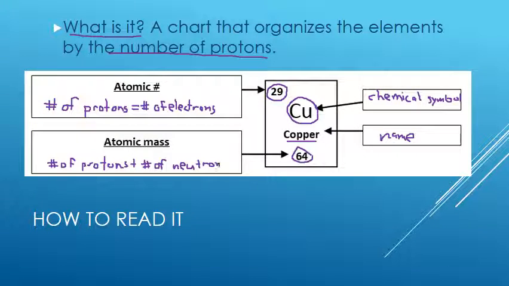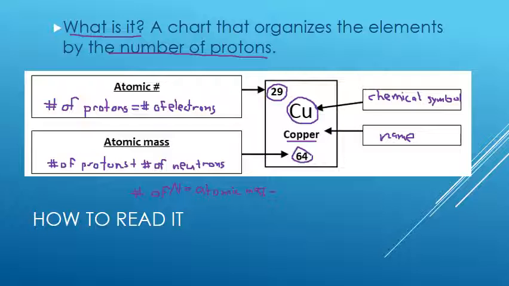in an atom. All you have to do is, I'm going to write N for neutrons. Take your atomic mass, and subtract your atomic number, because that's the number of protons.